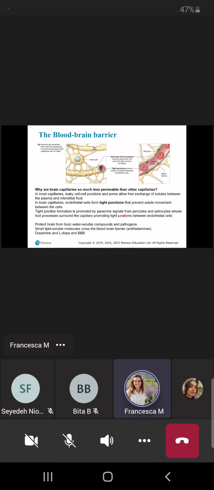Something similar happens also for antihistamine drugs. Older antihistamine drugs were able to cross the blood-brain barrier, and so activated some kind of alarm center in the brain, which gives us the side effects of the antihistamine.